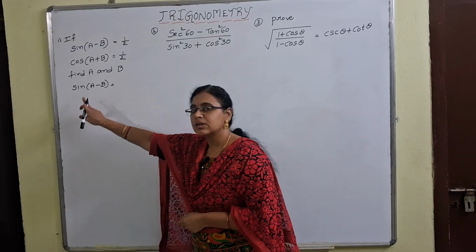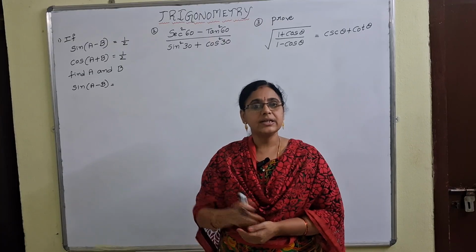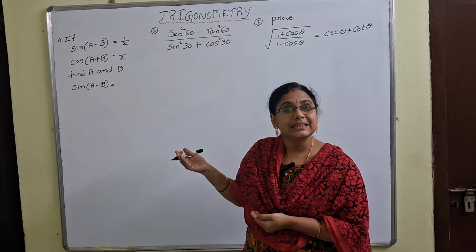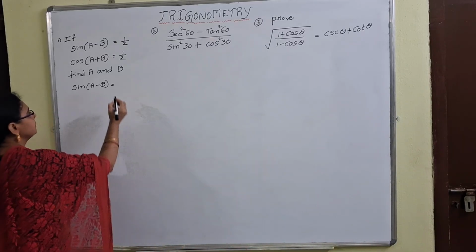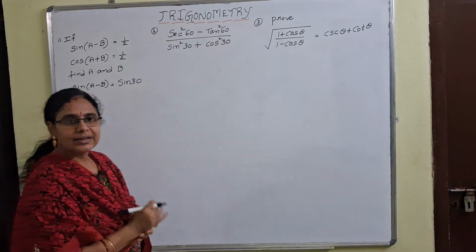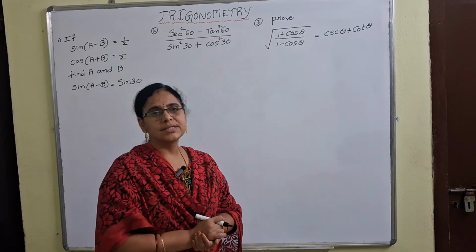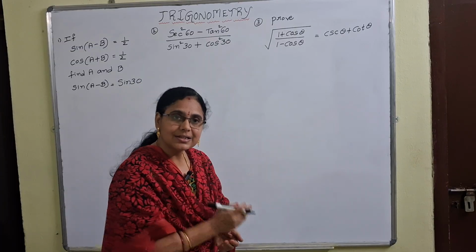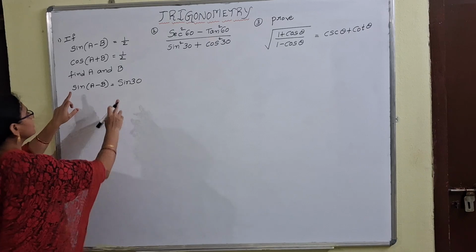So on the left hand side you observe it is sin, so the right hand side also you have to write in terms of sin. sin(A - B) is equal to sin of what gives half? sin 30 is half. So sin(A - B) is equal to sin 30. On both sides, whether sin, cos or tan, whichever trigonometric ratio is given on the left hand side, on the right hand side also you have to write the same ratio. Clear? So both sides you observe sin.